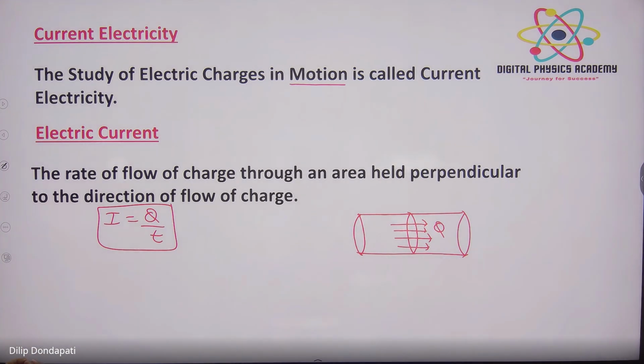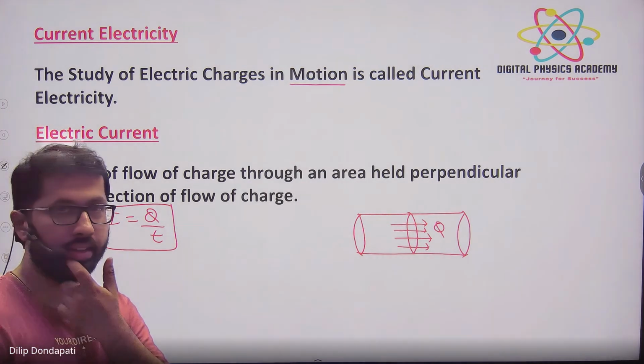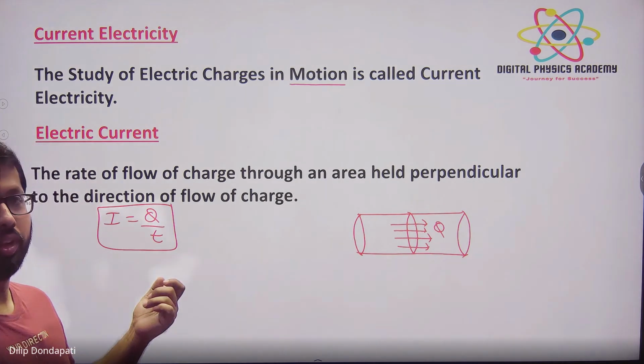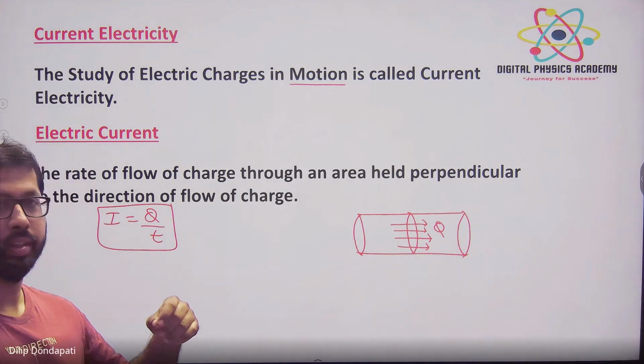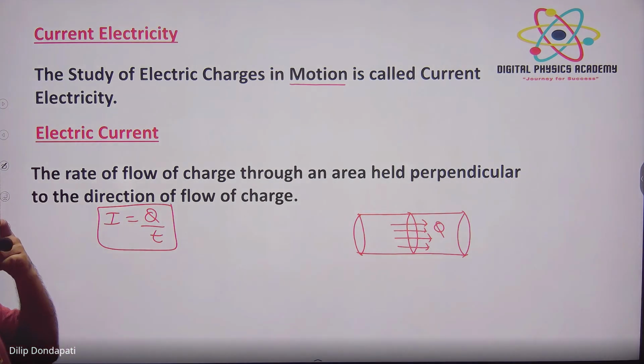And we know the units of current. What will be the units? What will be the dimensions of current? This is one of the 7 fundamental quantities, right? So the unit will be ampere.